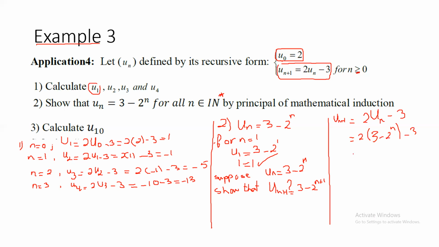Expand: 2 times 3 is 6, minus 2 times 2 to the power n, which adds the powers to give 2 to the power n plus 1, minus 3. We get 3 minus 2 to the power n plus 1. Therefore, un equals 3 minus 2 to the n.